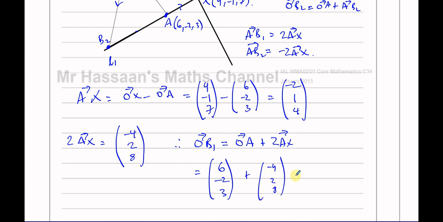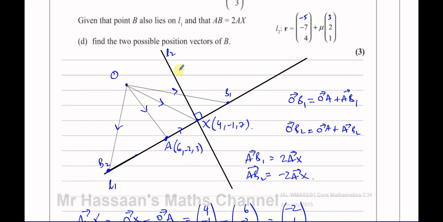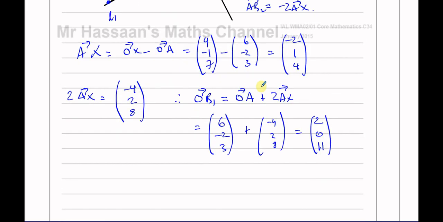So that's going to be 6 minus 4, which is 2, minus 2 plus 2, which is 0, and 3 plus 8, which is 11. And the question says coordinates or position vector. Okay, position vector. So we can say that one possible one for B, say O to B1, is 2, 0, 11.